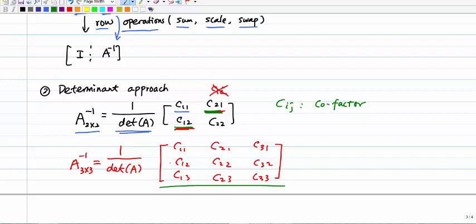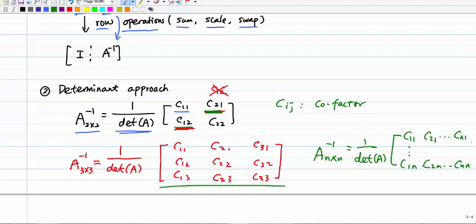You can also see that for an n by n matrix, A inverse is 1 over the determinant of A times C11, C21, up to Cn1, then C1n, C2n, and so on, up to Cnn. That's the same way you compute the inverse.